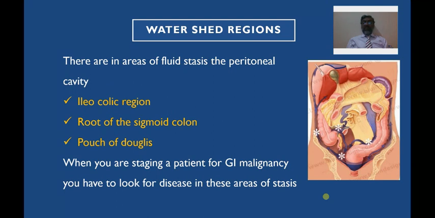The importance of these watershed regions is that when you are staging a patient for gastrointestinal malignancy, you will have to look for disease in these areas of stasis. This picture is showing these major important watershed areas in the peritoneal cavity.